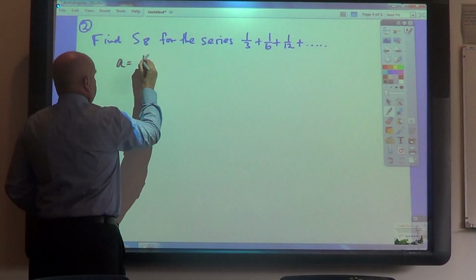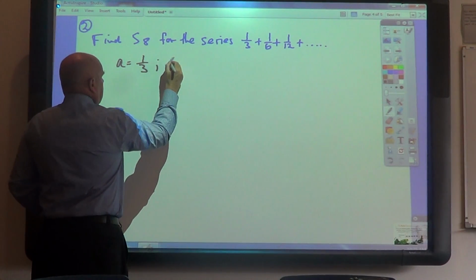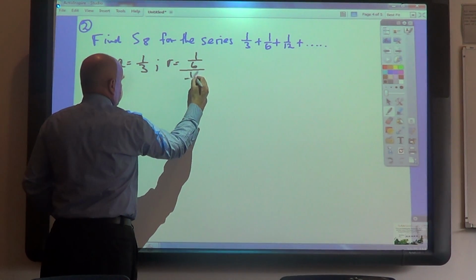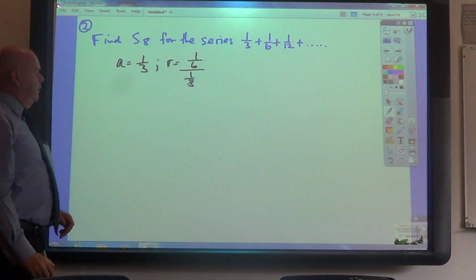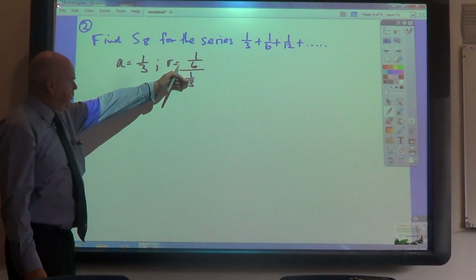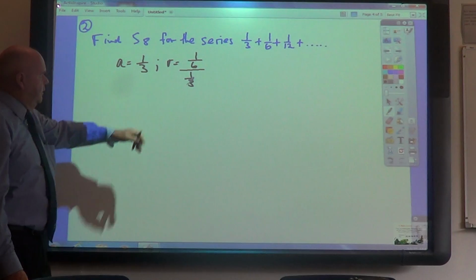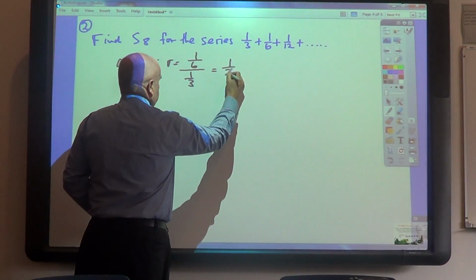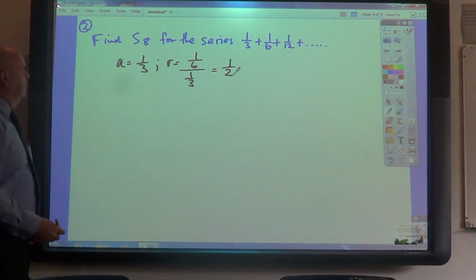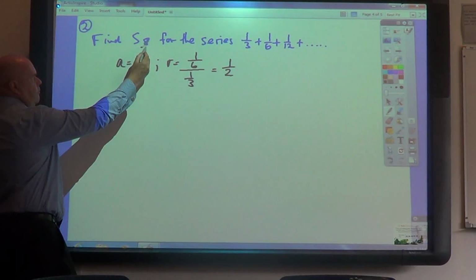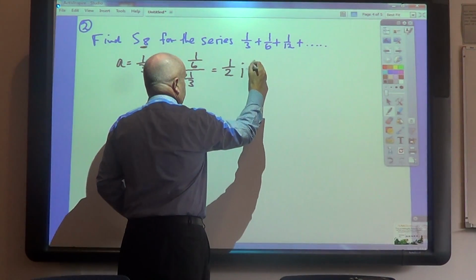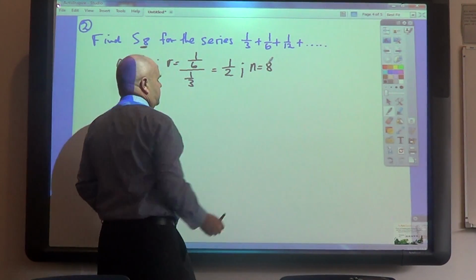So here a is a third. r is 1/6 divided by 1/3. As I've pointed out in the past, if you're dividing something by a third, it's the same as timesing that thing by 3. So you're going to find that r is equal to a half. And here, the value of n is given there. Okay, we're finding the sum of the first 8 terms, so n is equal to 8.